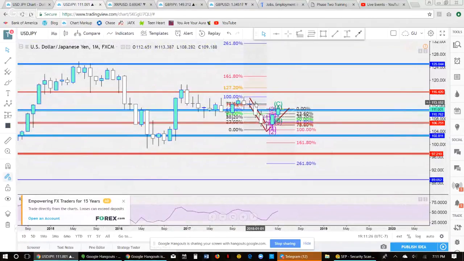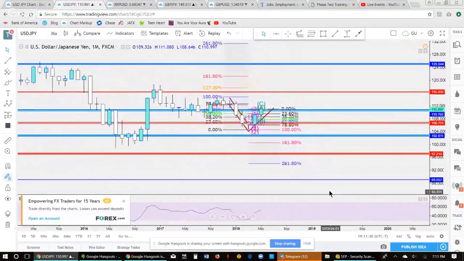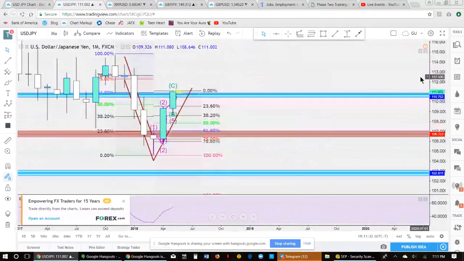This candle right here, bear, but the monthly closes kind of like a spinning top, very small, but this is indicating price action reversal.